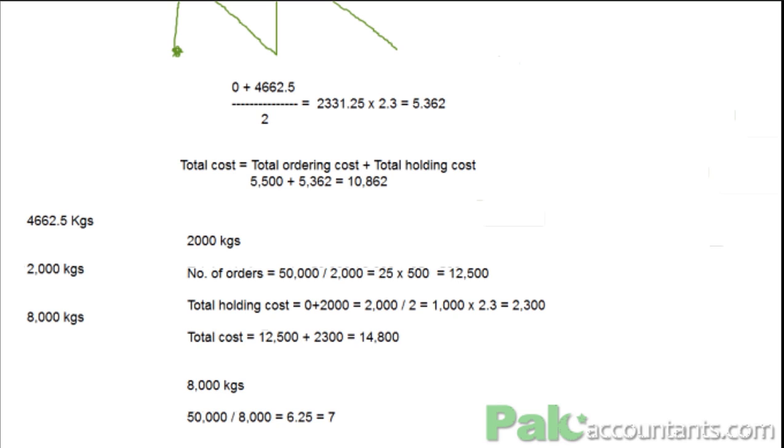So it will be like 7 orders, because you cannot place 6.25 orders. You will have 6 complete orders with 8,000 kgs, and then another order with a lesser amount of units.